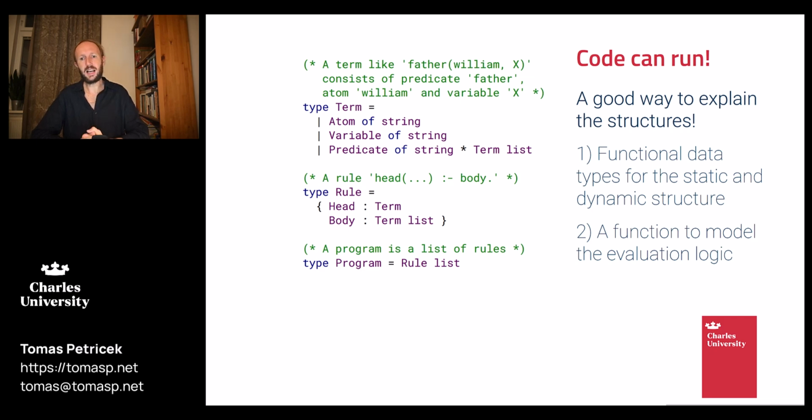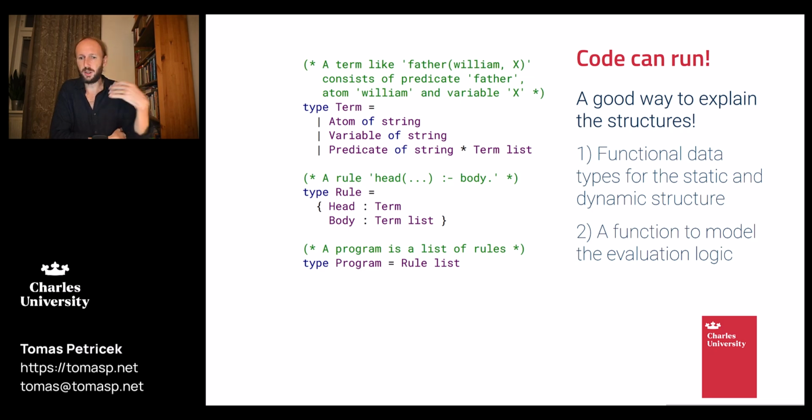But in a language that has functional algebraic data types, it's very easy and very nice to define the static structure as a data type, the dynamic structure as another data type, and the logic of the evaluation as just a function that transforms the dynamic structure. In the example here, I'm defining types to represent Prolog programs.